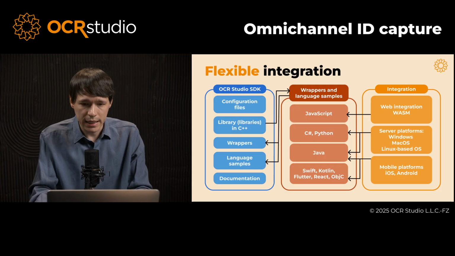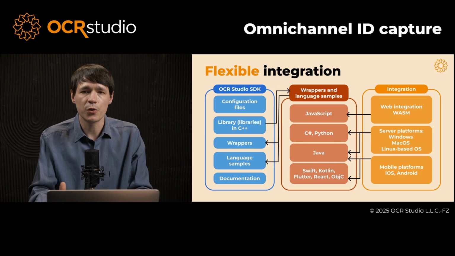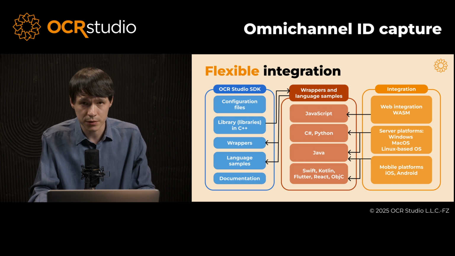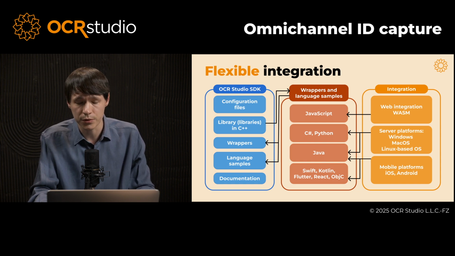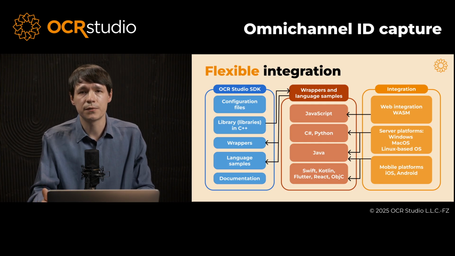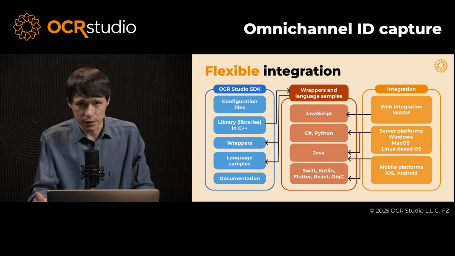Because the server-side SDK is basically the most flexible way to construct any kind of scanning pipeline using our software. The SDK itself is built for the platform which is requested. It runs on Windows, macOS, and different types of Linux operating system distributions. And it supports integration through many different programming languages.